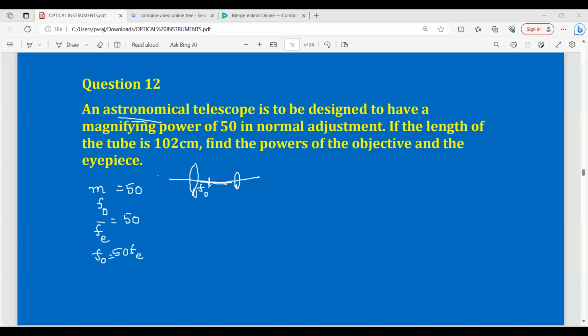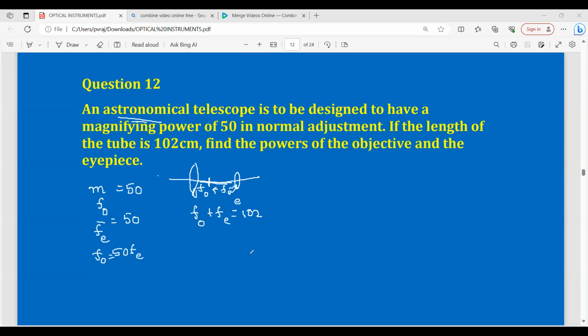If the final image is formed at infinity due to the eyepiece, then this object should be at the focal length of the eyepiece only. So the sum of these two is nothing but the distance between the lenses. So that is only the tube length. So objective lens focal length plus eyepiece focal length is totally given as 1 or 2.